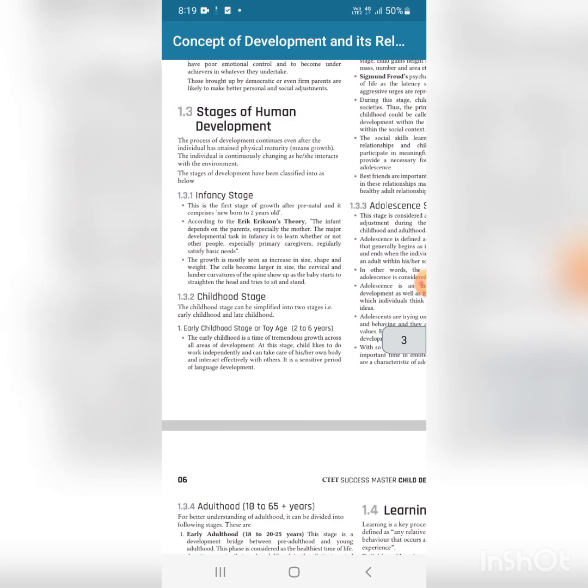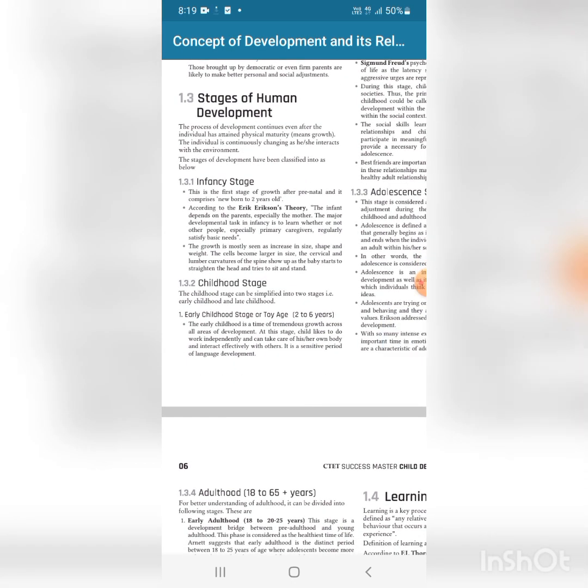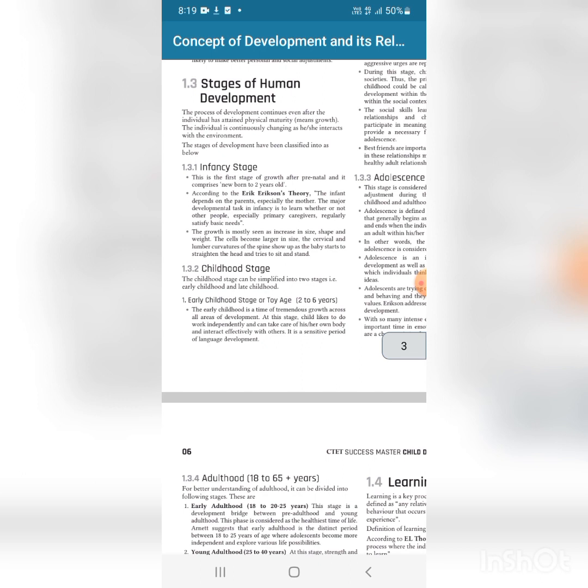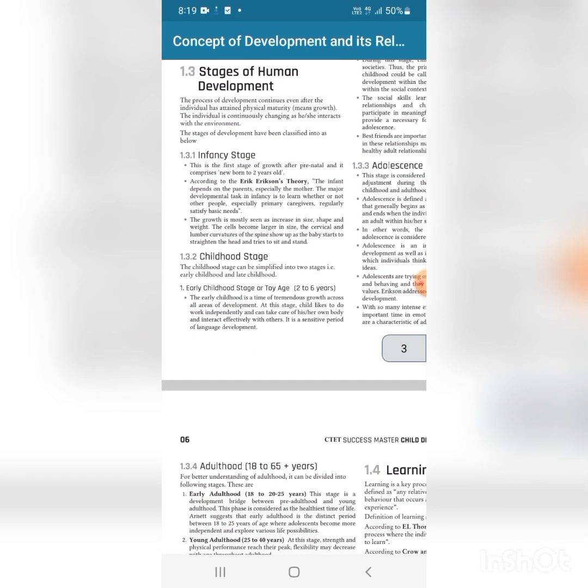Secondly, childhood stage. This is the second stage. The childhood stage can be simplified into two stages, that is early childhood and late childhood. Early childhood age, or toy age, is from 2 to 6 years of age. Early childhood is a time of tremendous growth across all the areas of development. At this stage, the child likes to work independently and can take care of his or her own body and interact effectively with others.